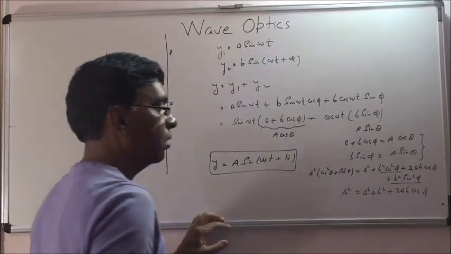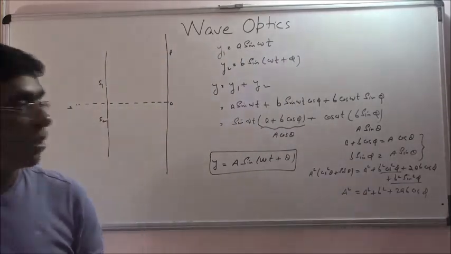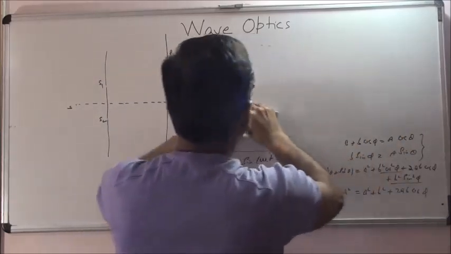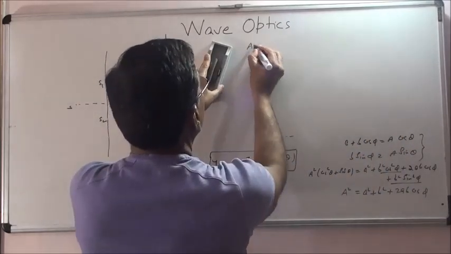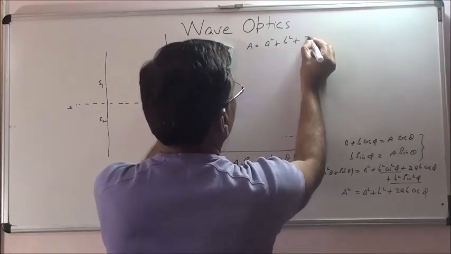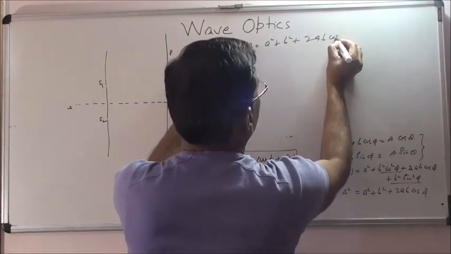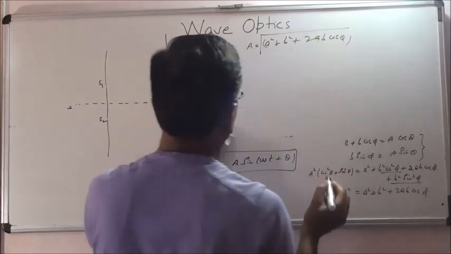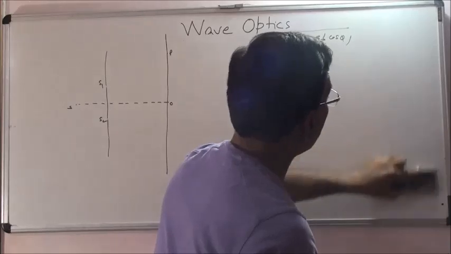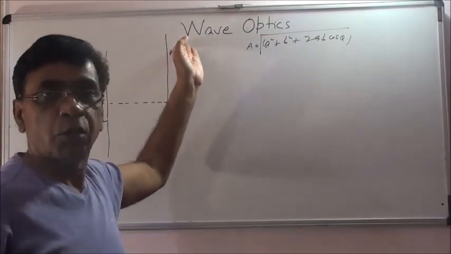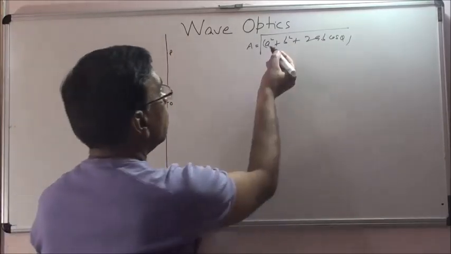This is A square. So the amplitude is, as I told you there, the square root of a square plus b square plus 2ab cos phi. This is the net amplitude due to the two waves.